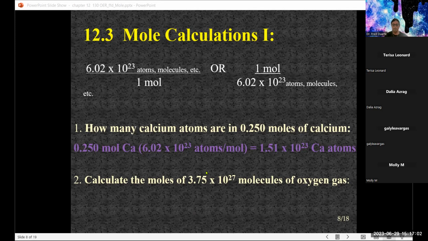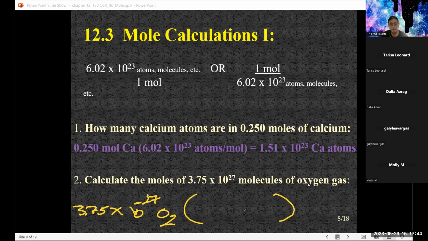All right, second one: calculate the moles of 3.75 times 10 to the 27 molecules of oxygen. In this scenario, you're given the number of molecules of oxygen and you want to convert that to the number of moles. We're still dealing with Avogadro's number. Same thing, we write down what we are given: 3.75 times 10 to the 27 molecules of O2.